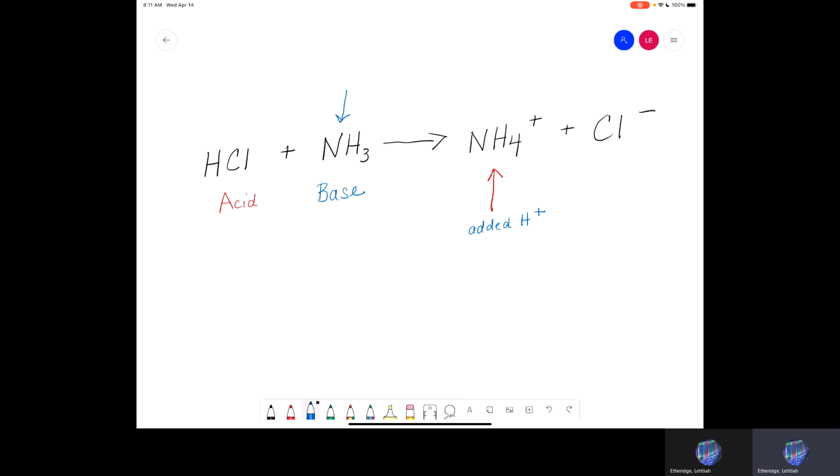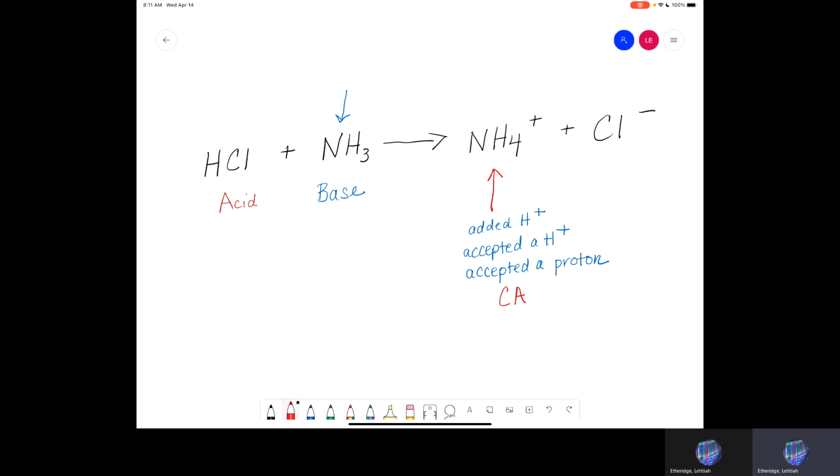That means that it has accepted a hydrogen. And if it accepted a hydrogen, remember, hydrogen is just another way to say it accepted a proton. That is going to make it a conjugate acid.